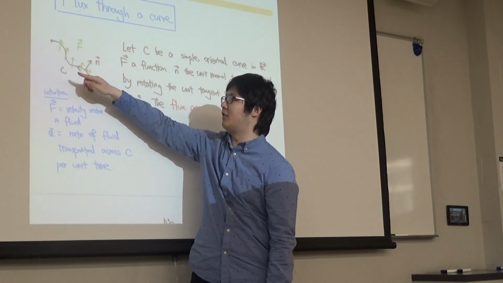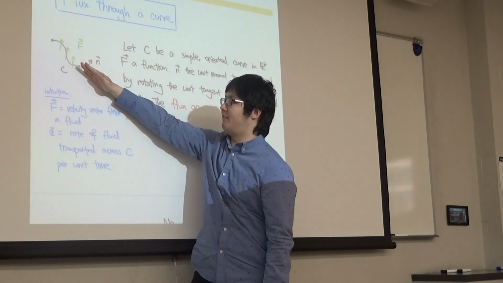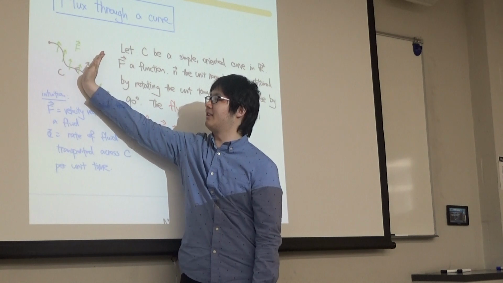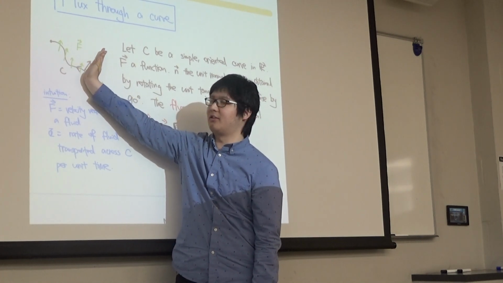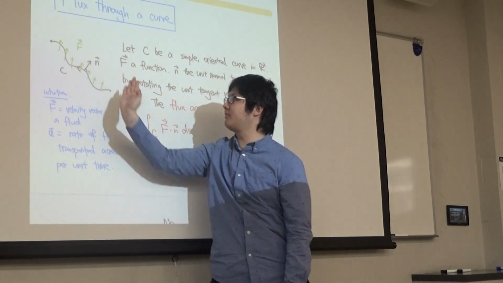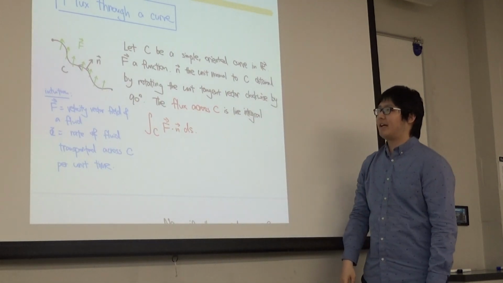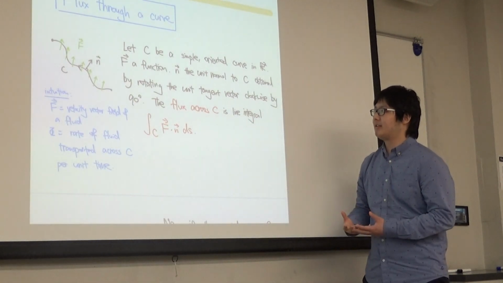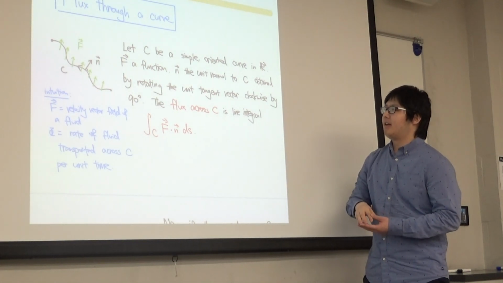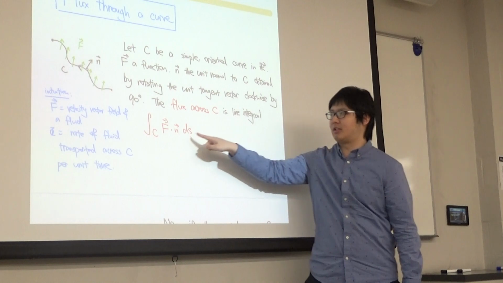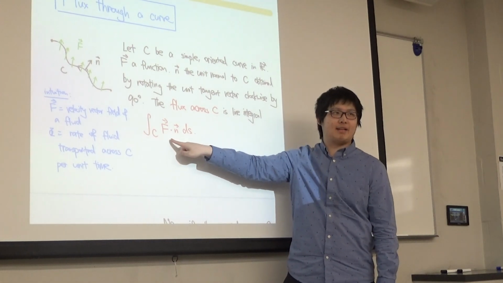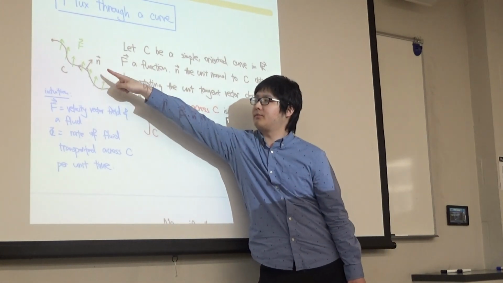So we have some velocity vector here, and then we rotate it 90 degrees clockwise to get the unit normal n. That gives us a vector n, and we have a function f, and the flux across this curve C is a line integral of the dot product between f and n along this curve.